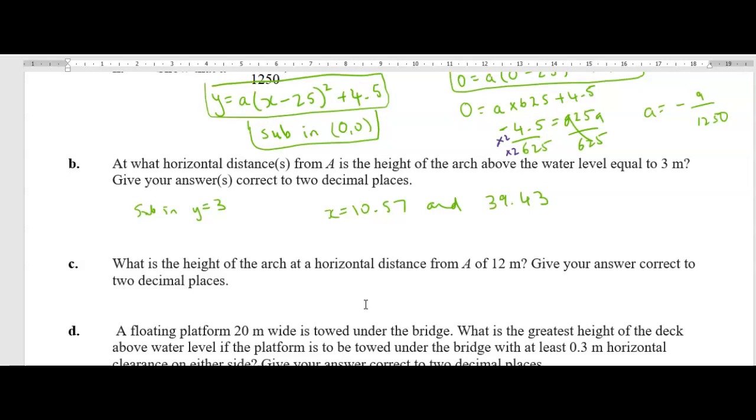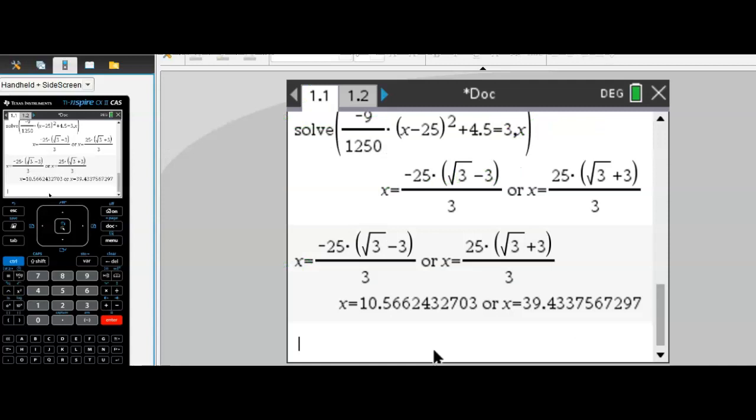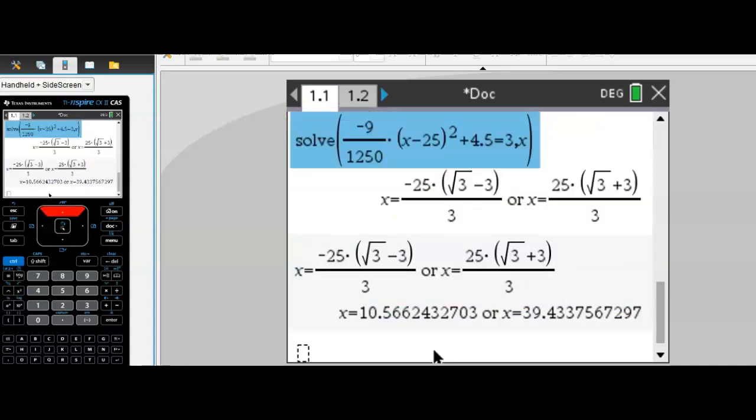Okay, what is the height of the arch at a horizontal distance from A of 12 meters? Give your answer correct to 2 decimal places. So this time x is equal to 12. If you're doing it by hand, you just put x equals 12 into your equation, but let's do it on the calculator. So I'm just going to highlight this again.